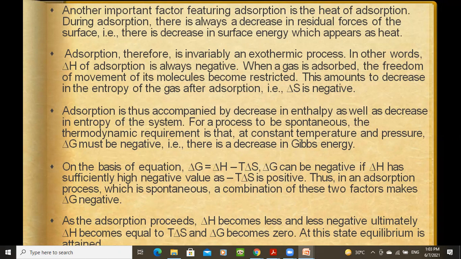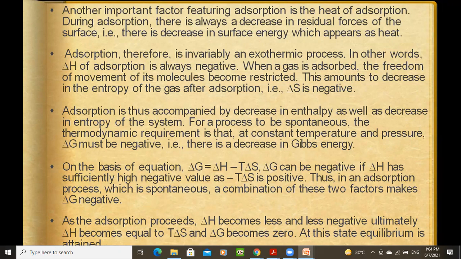When a gas is adsorbed, the freedom of movement of its molecules becomes restricted. This amounts to a decrease in the entropy of the gas after adsorption, which is delta S. When the gaseous molecules stick to the surface of the adsorbent, their randomness decreases, and simultaneously their entropy decreases, so delta S will be negative.